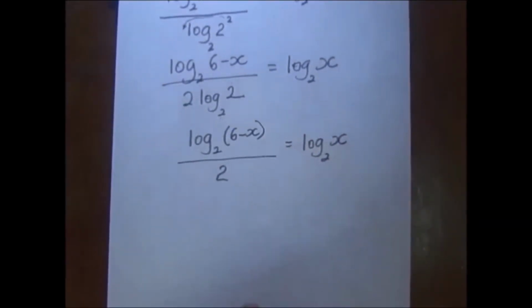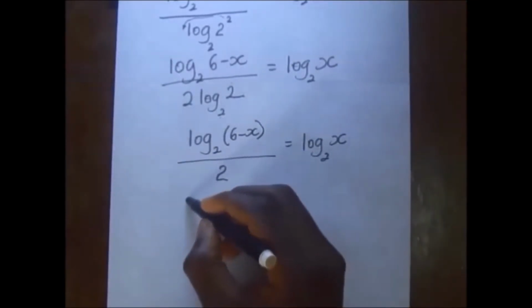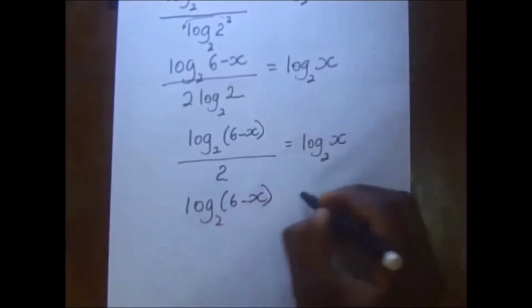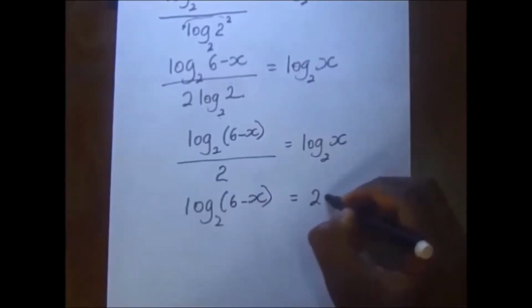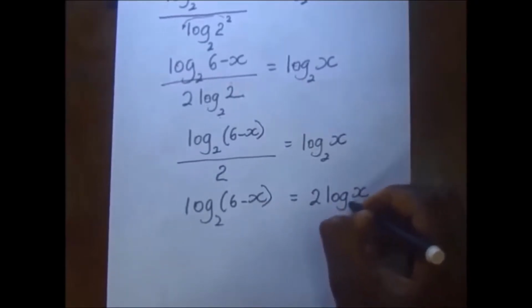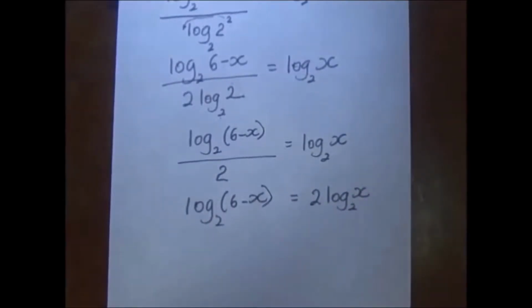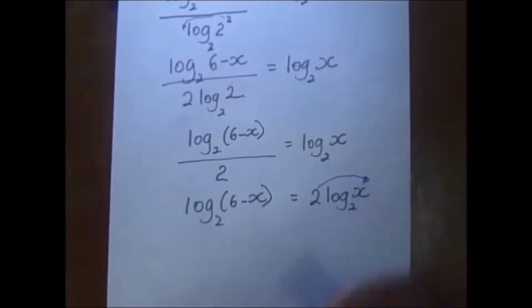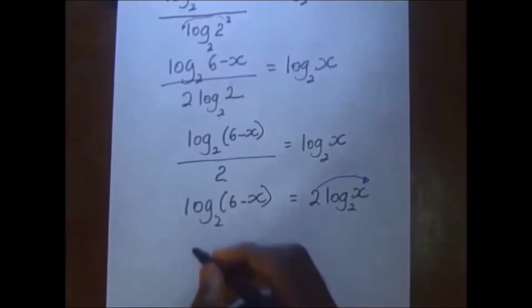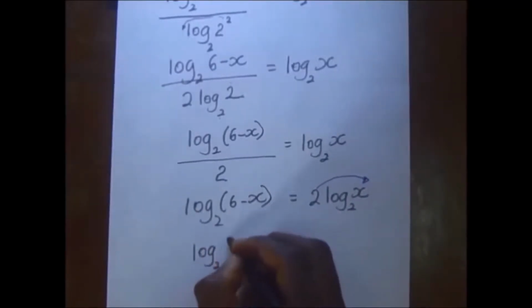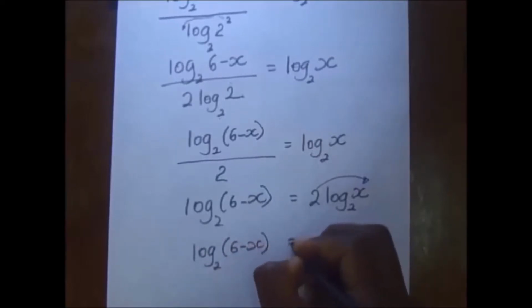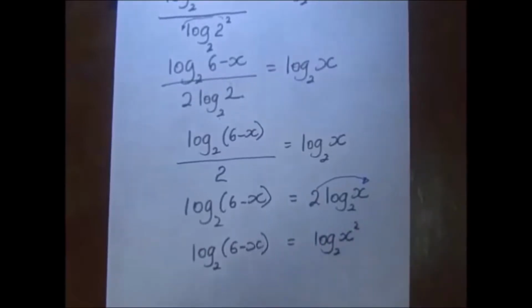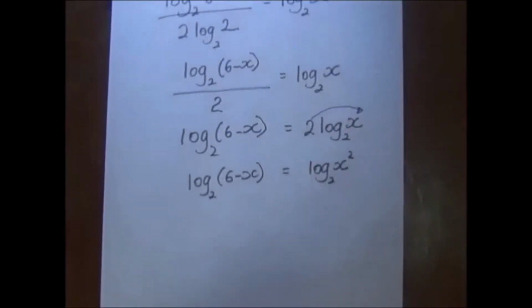When we multiply 2 on both sides, we'll end up with log base 2 of 6 minus x, giving us 2 log base 2 of x. So by our law still, this 2 can shift to that power. When it shifts there, you will remain with log of 6 minus x giving us log base 2 of x squared.